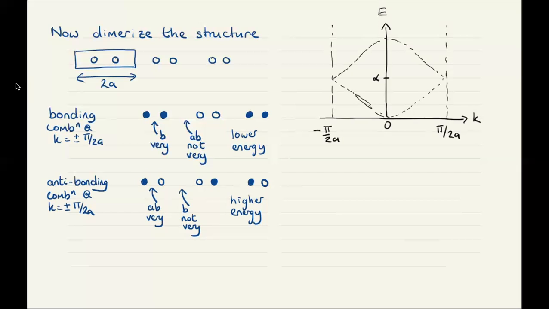Now that we dimerize, then the states at plus and minus pi over 2a that were previously degenerate are no longer degenerate. And the lower energy one is the one that's bonding within the unit cell, and the higher energy one is the one that's anti-bonding within the unit cell.